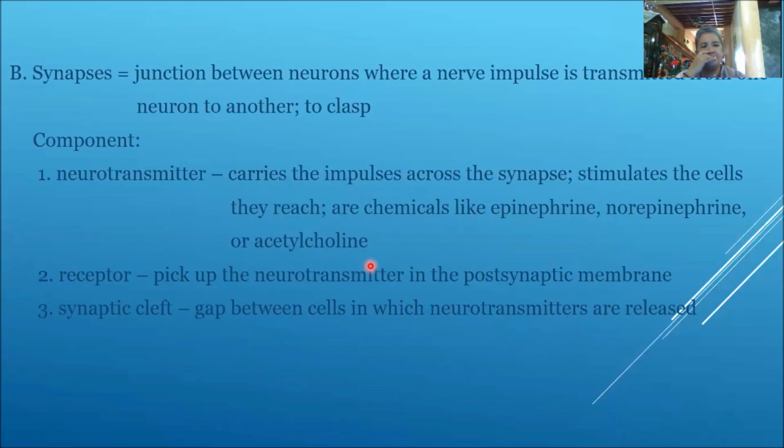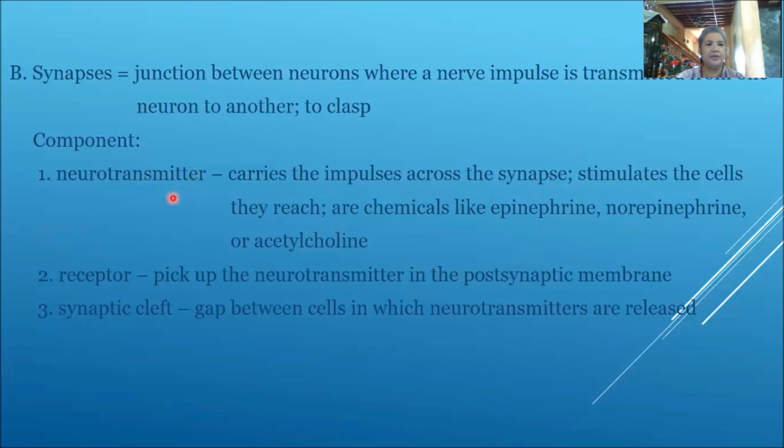Now, a synapse is the junction between neurons where nerve impulses are transmitted from one neuron to another. Synapse means to clasp or join together. So you have a neurotransmitter which carries the impulses across the synapse and stimulates the cells they reach. Now, these neurotransmitters are chemicals, and they could be epinephrine or acetylcholine.